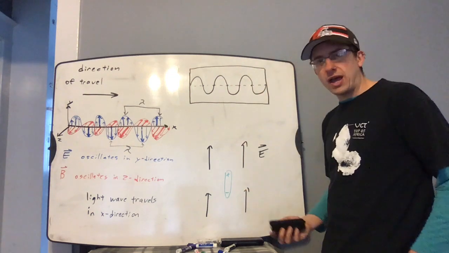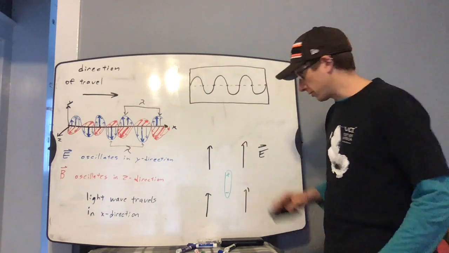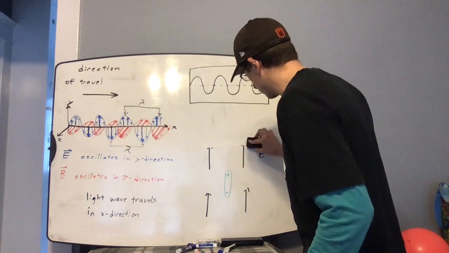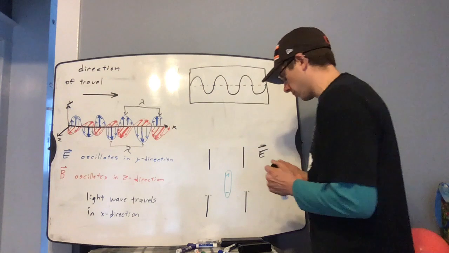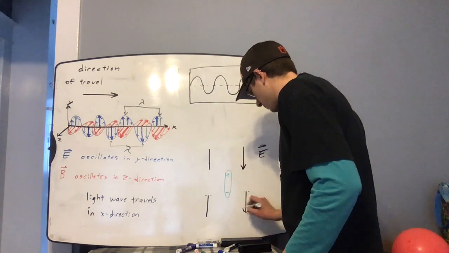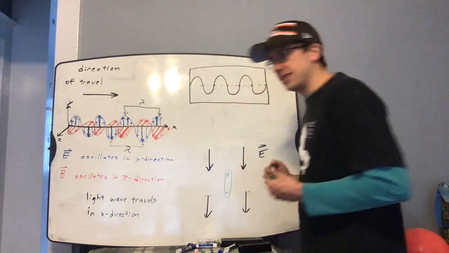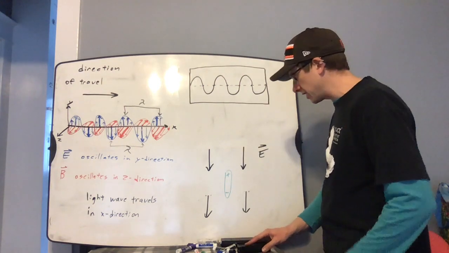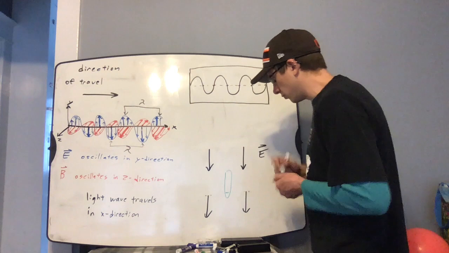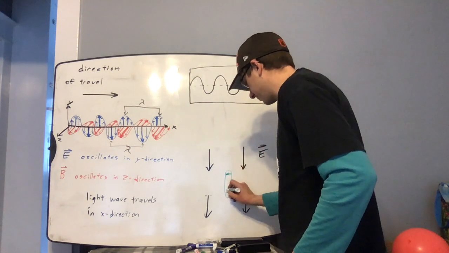Well, let's ask, what happens if the direction of the electric field changes? So if the direction of the electric field is now suddenly pointing downward, then this dipole molecule will see the direction of the electric field change, and the dipole molecule will now flip its direction.